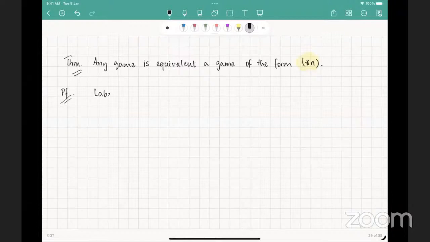So what we are going to say is: label all the P states of your game tree *0. We do know that among all of these single heap nim games, there are as many of them as there are natural numbers.